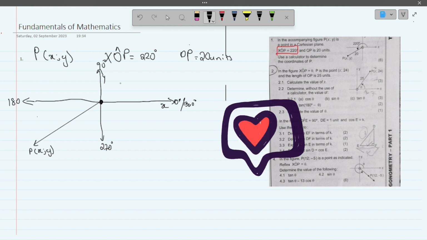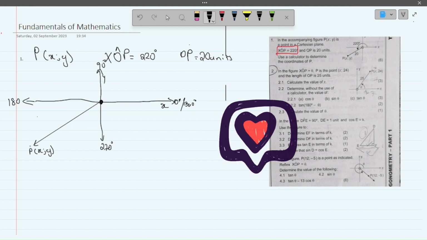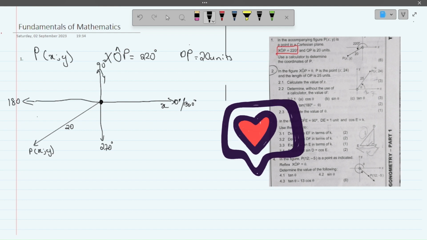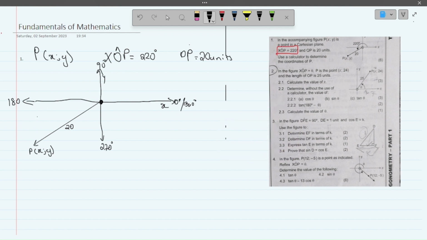We are told that OP, the line OP, is 20 units. Now we need to draw a vertical line to the x-axis, in such a way that it's perpendicular to the horizontal line.